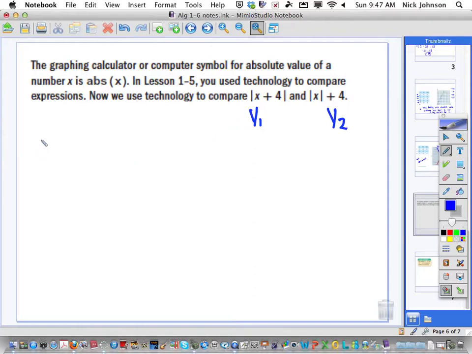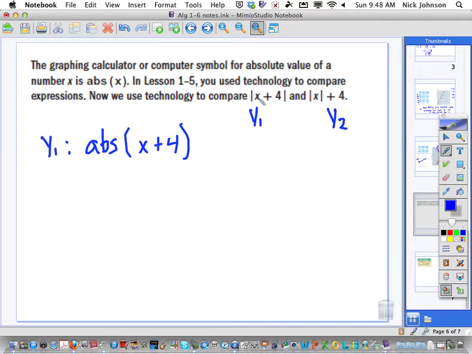How you type that into your y1 is you're going to type in, for this one, abs, and then it's going to give you a parenthesis, and then you're going to say x plus 4. Now, the reason why x plus 4 is all the way in the parentheses is because the absolute value is all the way in the parentheses, or in the absolute value.